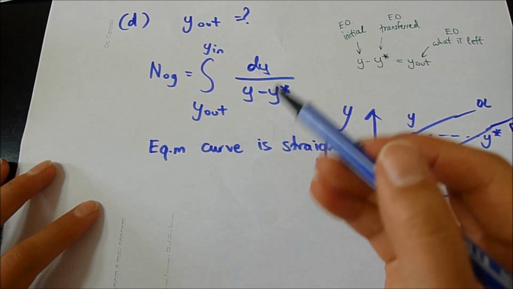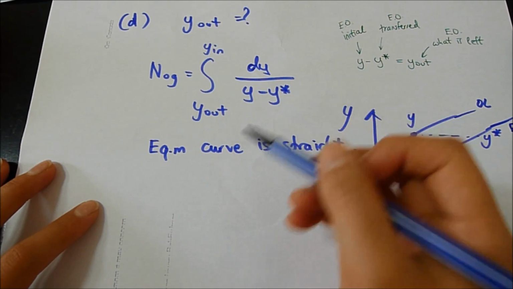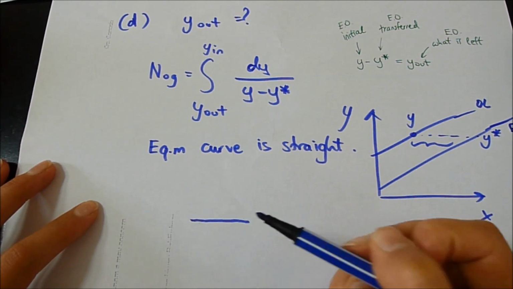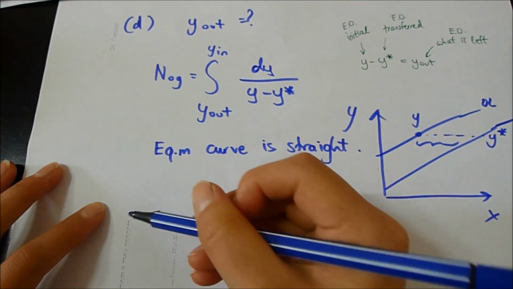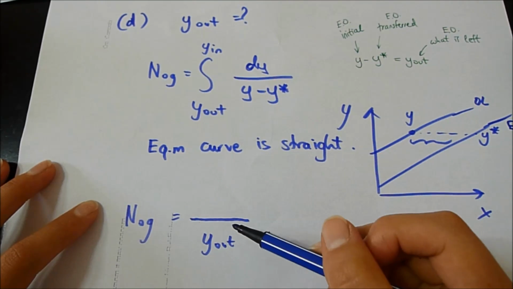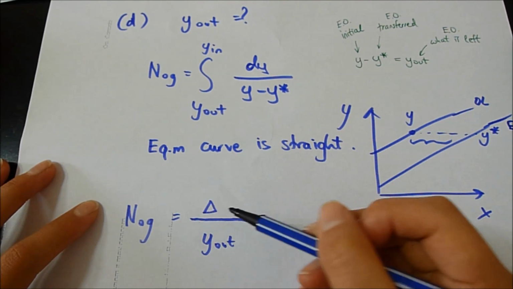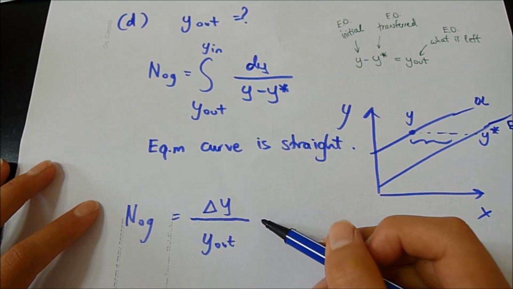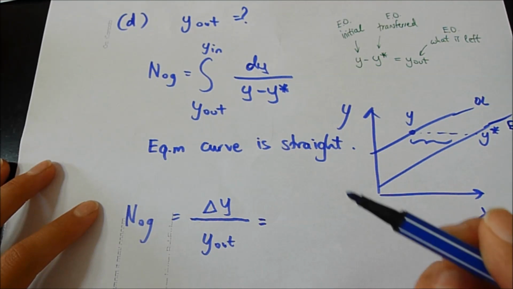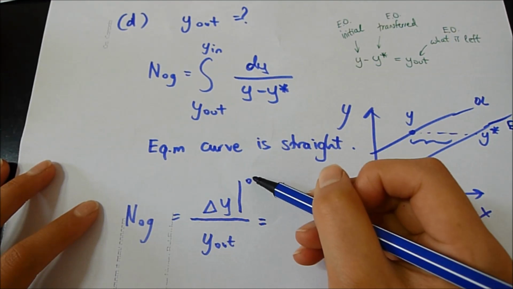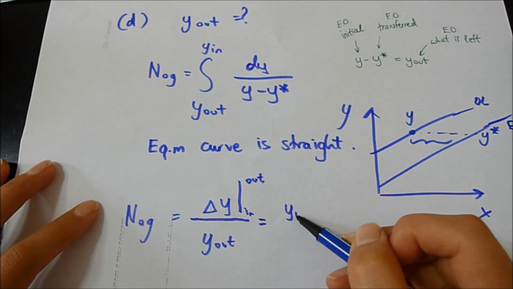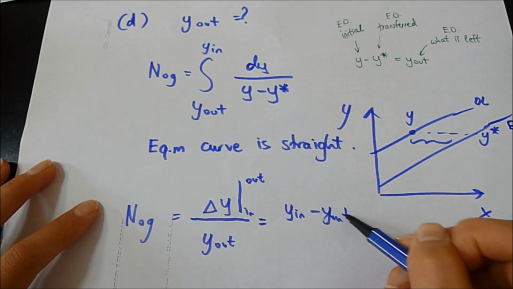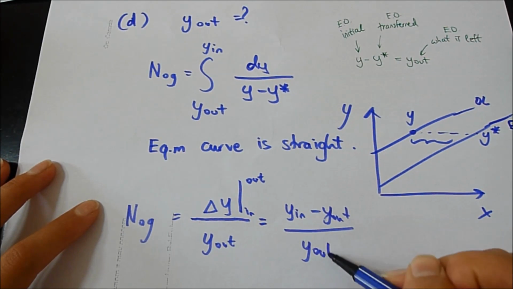We can just say NOG equals delta y over y minus y star, and since y minus y star is equal to y out, the top will be delta y. And delta y from y in to y out will be y in minus y out over y out.